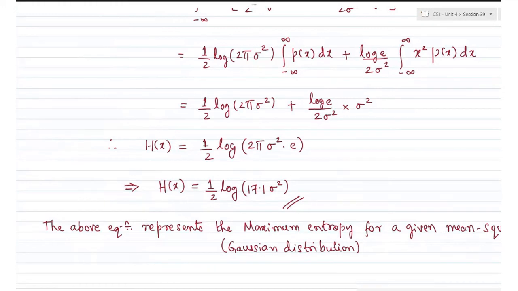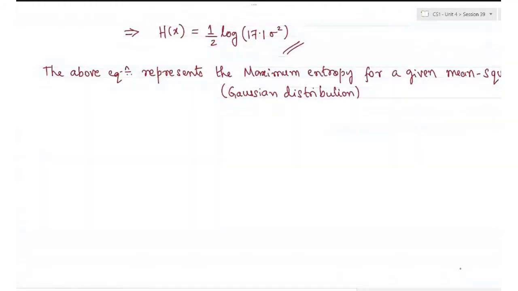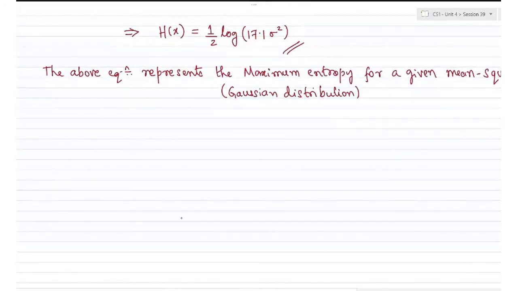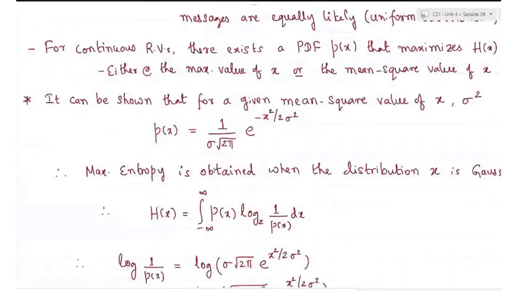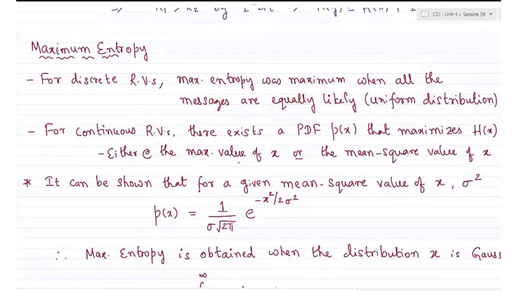Okay, so we can also find the maximum entropy for some given maximum value. We have taken two cases where we can find the maximum entropy either at the maximum value of x or for a given mean square value of x.